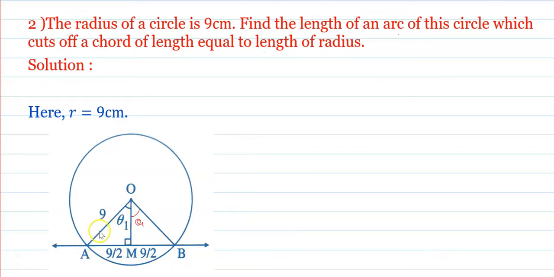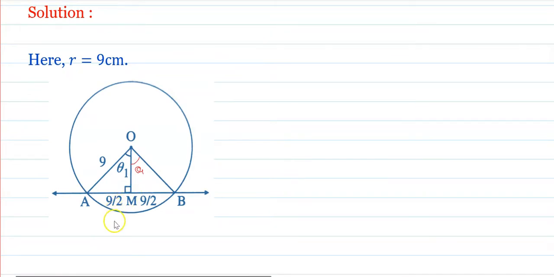The radius of the circle is 9 centimeter. Therefore, AM is equal to 9 by 2. Now this is a 30, 60, 90 triangle. AM is half of the hypotenuse. Therefore, the measure of this angle is 30 degree, and this one also is 30 degree. Hence, the angle made by this arc AB at the center is 60 degree.